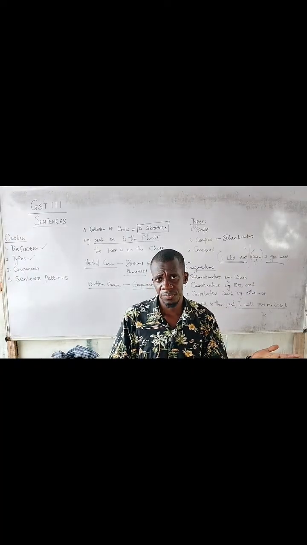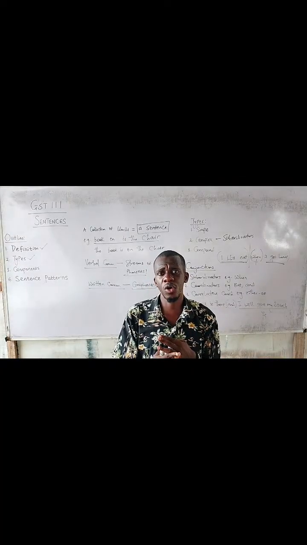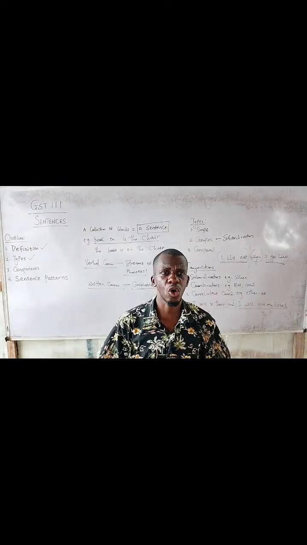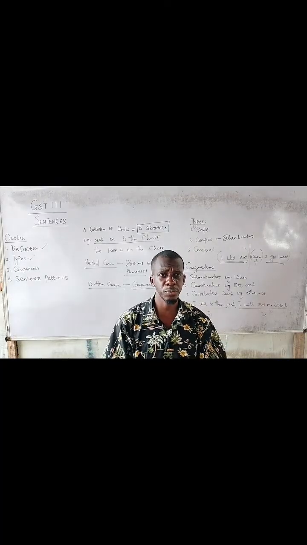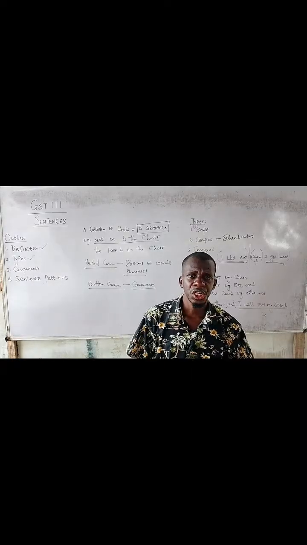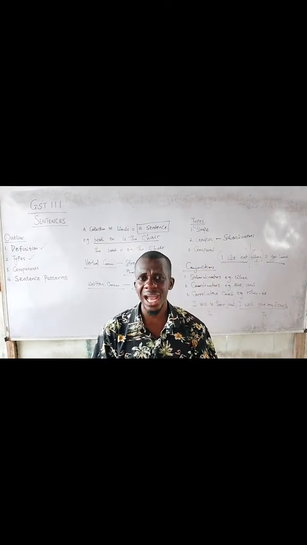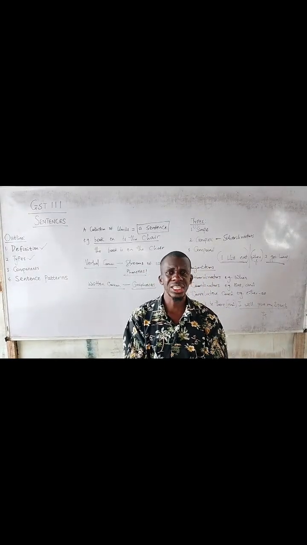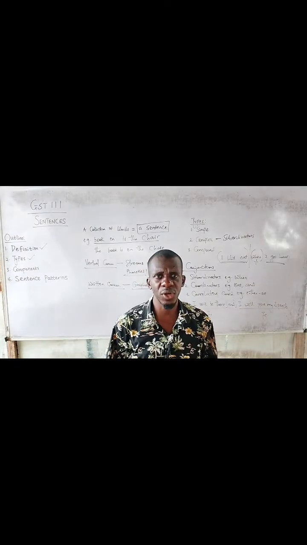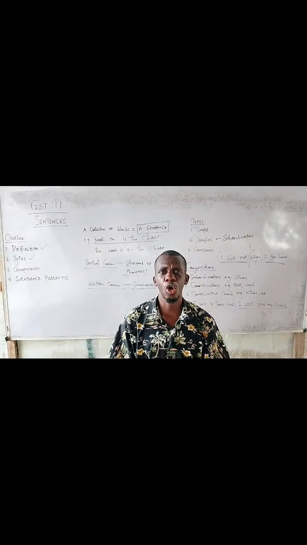You see that now? Good. Number 4, an adjective can also occupy the subject position. But for an adjective to occupy the subject position, it must be preceded by an article, either definite or indefinite. For example, the rich also cry.